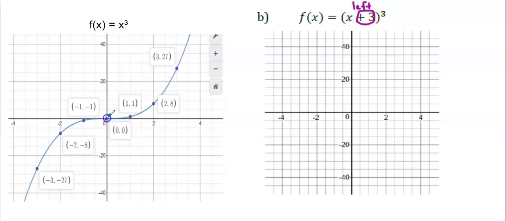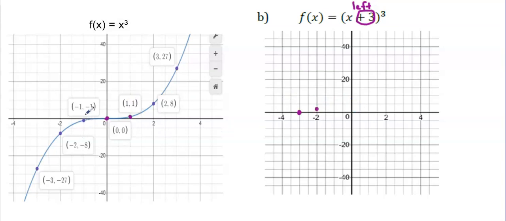So let's start. I'm going to take this 0, 0 point, and I'm just going to move it over 3 units to the left, so it'll go to negative 3. The next point I'm going to move is this point 1, 1. So if I move it to the left 3, that means I need to subtract 3 from the x. So I'm at negative 2, 1.